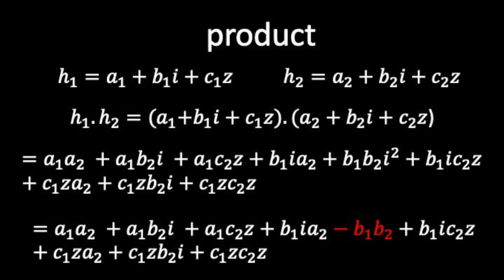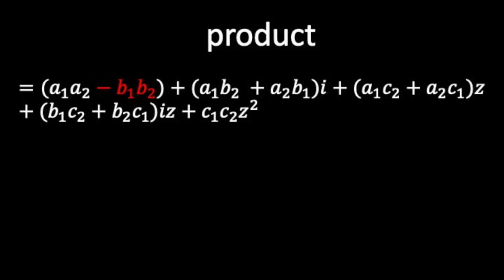If we rearrange all the terms, we get a1 a2 minus b1 b2, which is a real number, plus a1 b2 plus a2 b1 i, which is an imaginary number, a1 c2 plus a2 c1, which is a zero number, and then b1 c2 plus b2 c1 iz plus c1 c2 z squared.